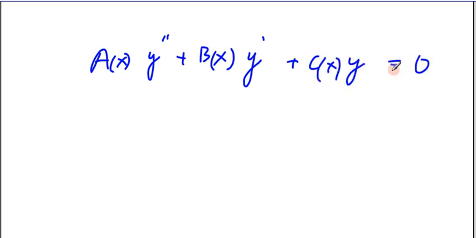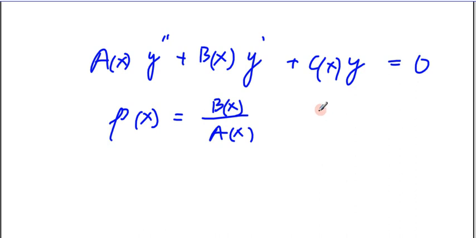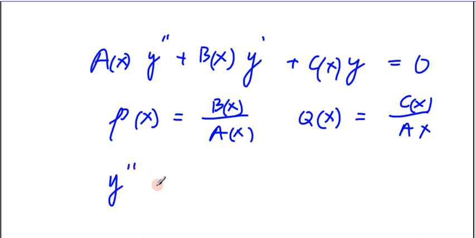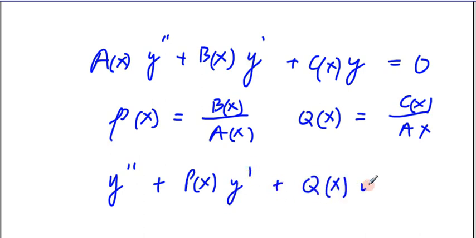I'm going to rewrite the formula and say p(x) is b(x) over a(x), and q(x) is c(x) over a(x). So we have y'' + p(x) y' + q(x) y = 0. So that's the function we have.